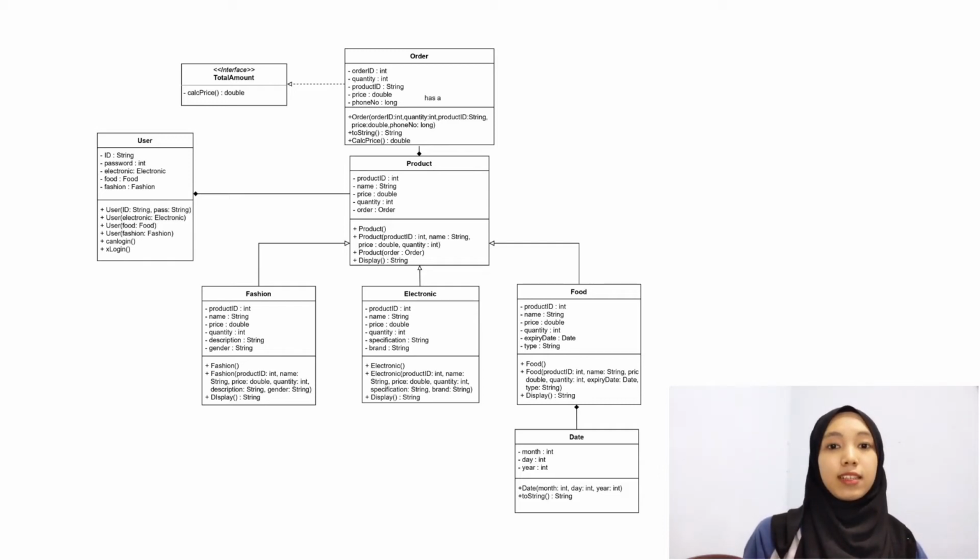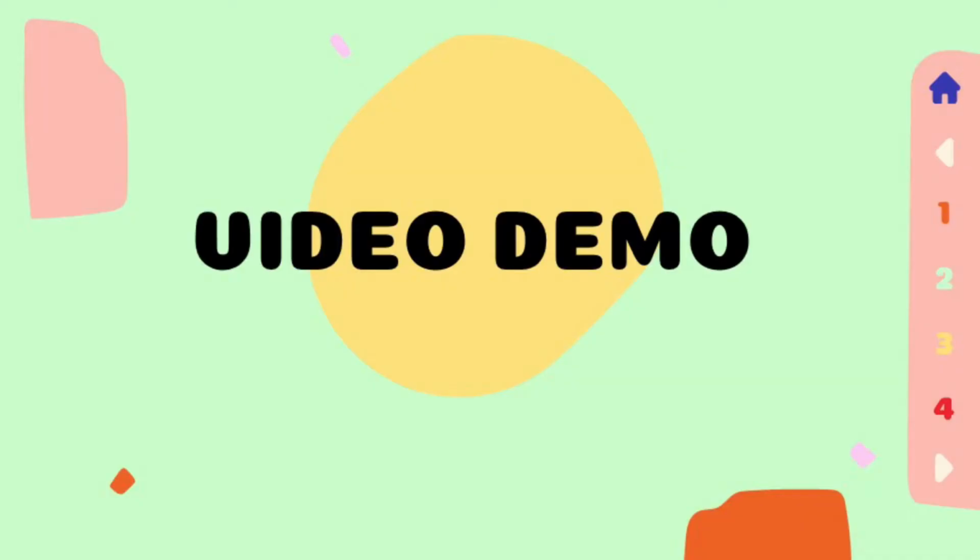The third one is that in our UML diagram there is an expired date in the food class, so the user can observe the expired date for food from the expired date variable in the food class. In the order class, the user can also check the shipment, so there will be no delayed shipment. The product class and order class can prevent miscalculated stock. The user can always check.